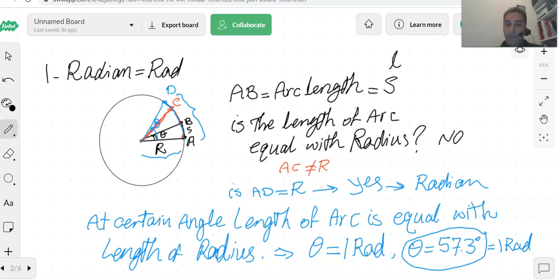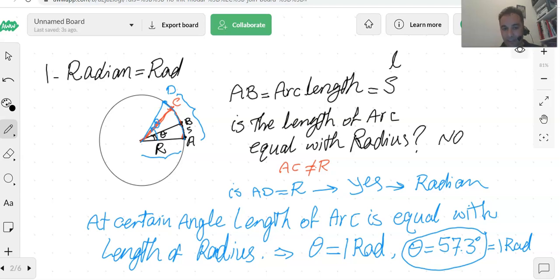Here, first of all, I go over the definition of radian. Imagine you are at point A and then you go from point A to point B. This, from A to B, is called arc length.